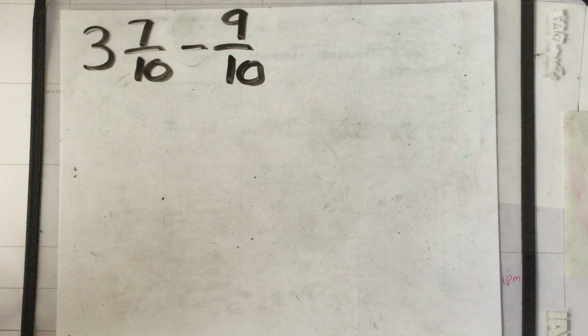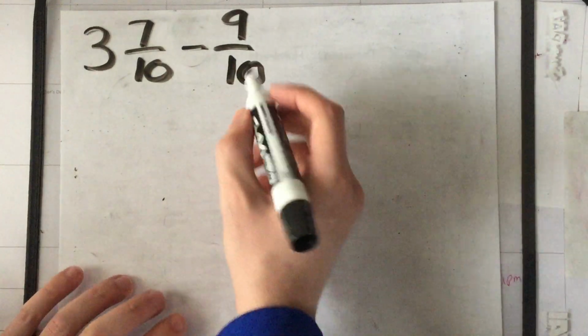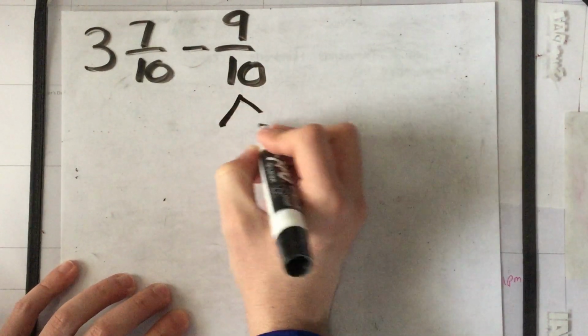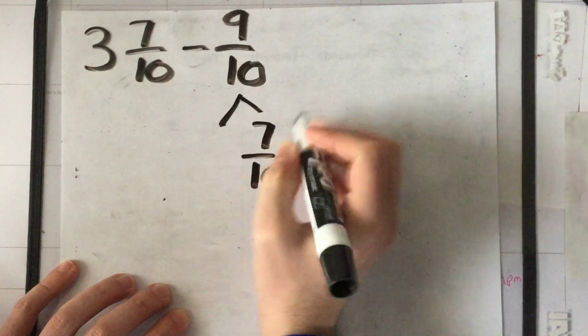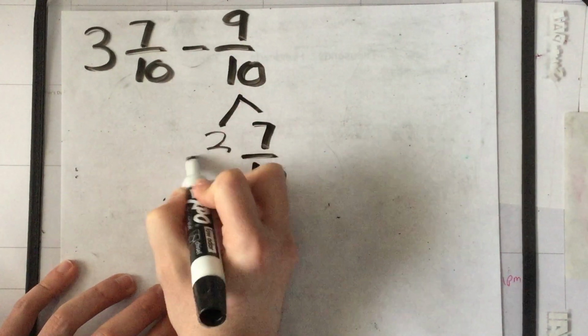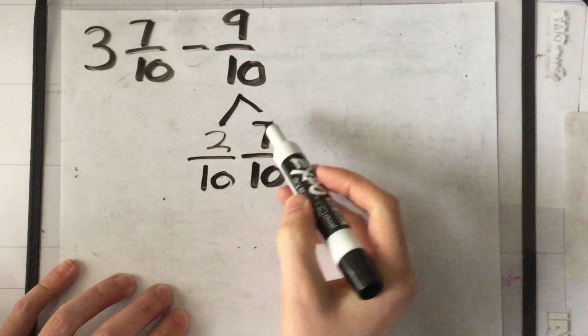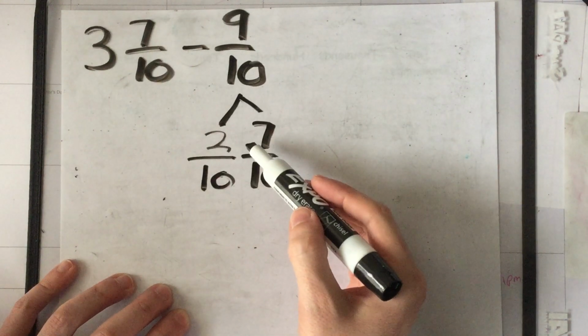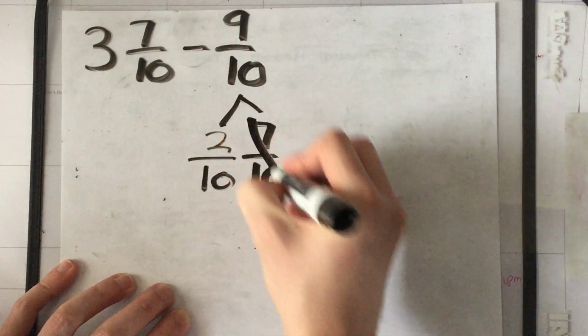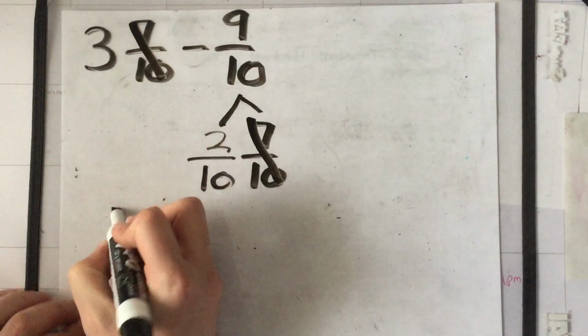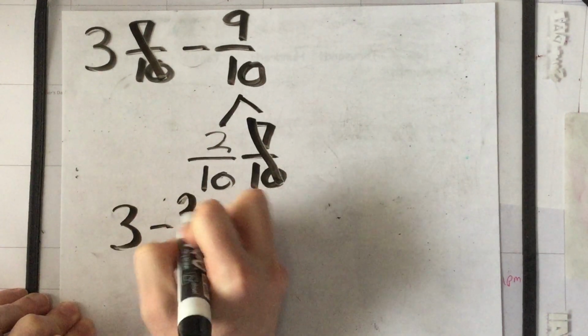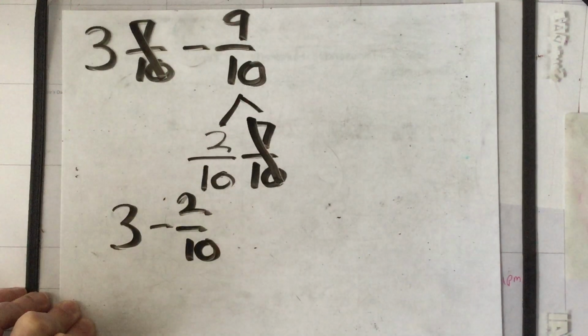Using the strategy we've been talking about, I can find 7/10 in here. 9 minus 7 is 2. So I can now take away my 7/10, and I now have 3 minus 2/10.